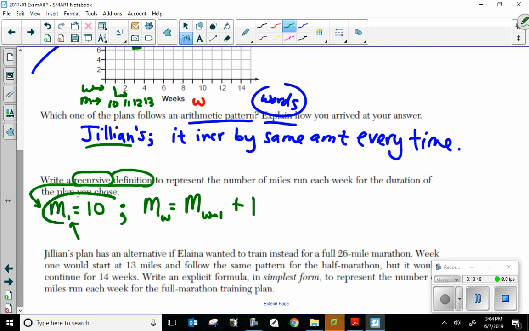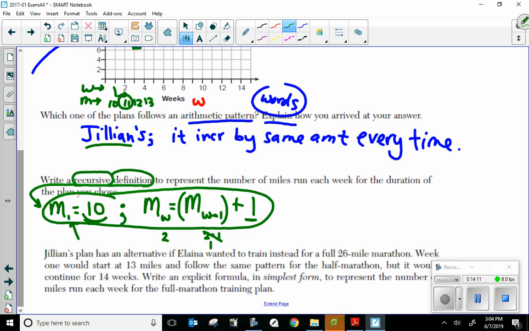You have your starting value, and you find your next value by using your previous one. If I want to find week 2, if my W was 2, I'd put 2 minus 1, which means I need to use M1. I take M1 and add 1 to it, and it would give me the next one. So 10 plus 1 would give me 11 for week 2. That's exactly what we have here, week 2, and so forth. That's recursive.